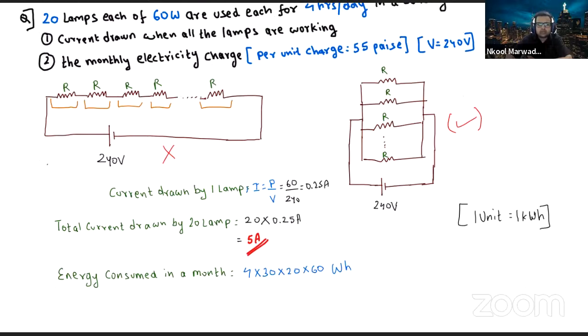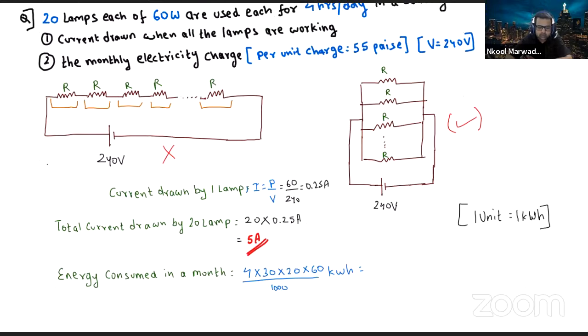And when you solve this, to be more precise, here itself I can divide it by 1000 to convert it into kilowatt hour. And now whatever I will get, that will be the units consumed.